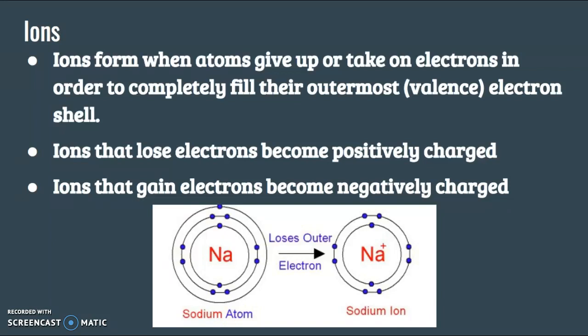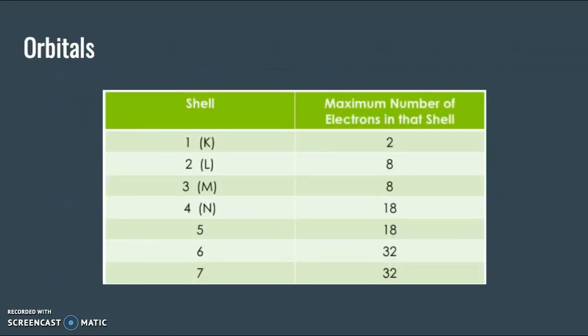Now, ions, all right, do not change the number of neutrons, but they change the number of electrons, okay? And ions form because atoms want to completely fill their outermost electron shell. Now, what do I mean by that? If you recall, there are different shells or orbitals. So I'm going to again real quickly flip back to that, okay?